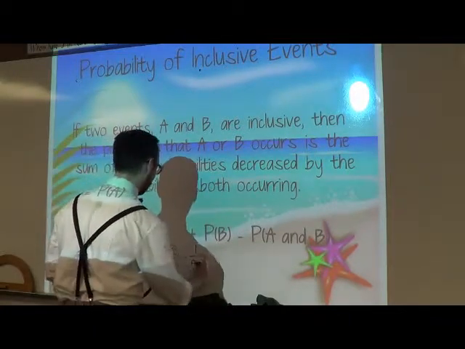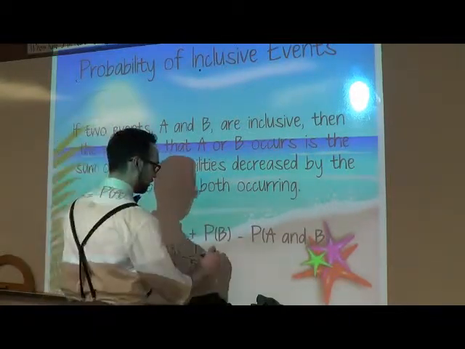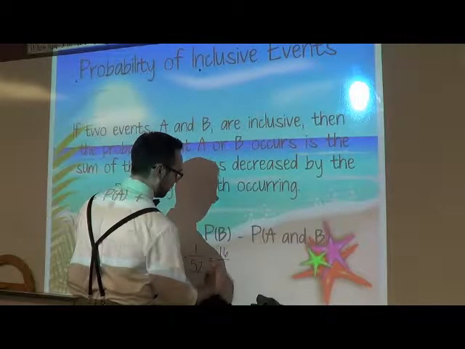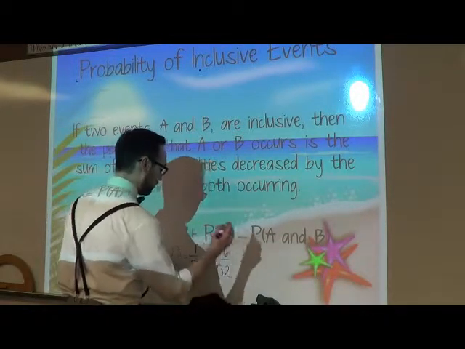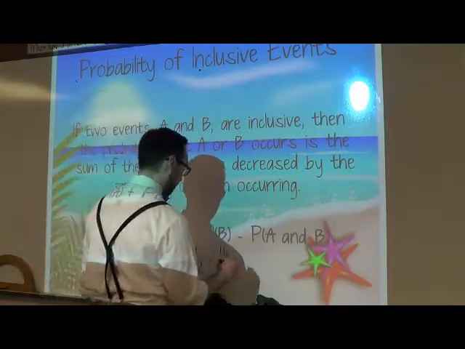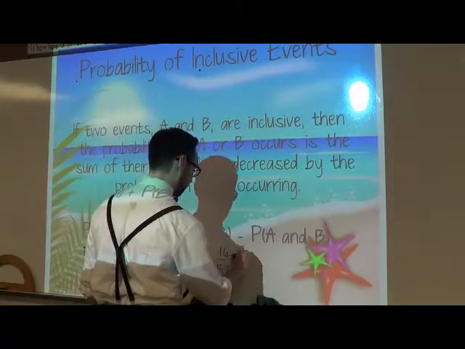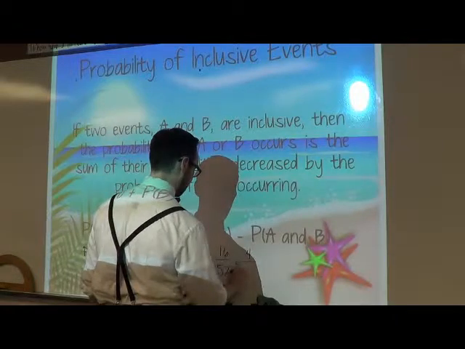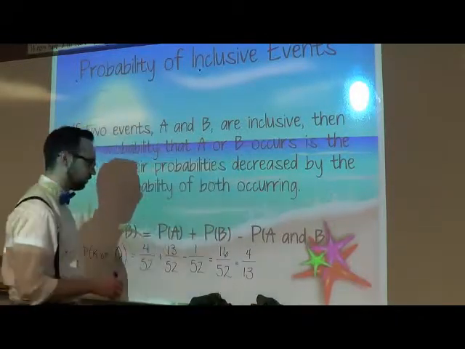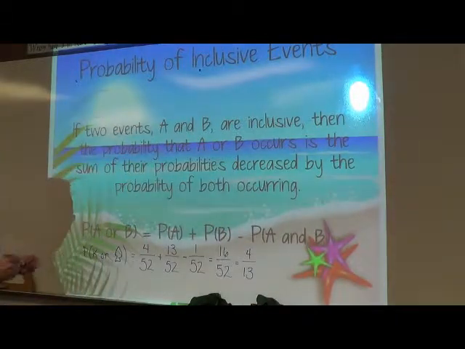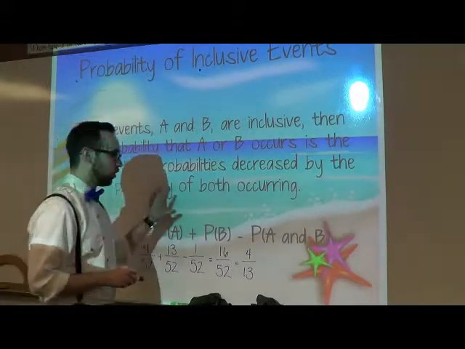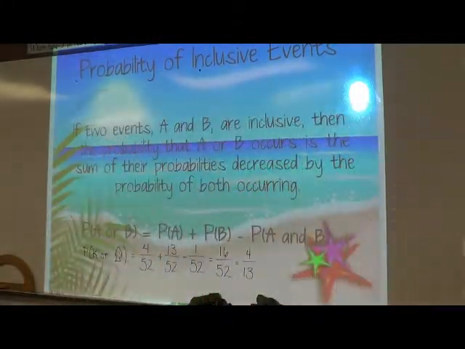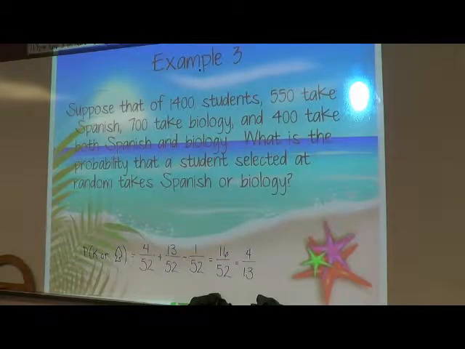So it ends up being 4 plus 13 is 17, minus 1 is going to be 16 out of 52. And you could reduce that down actually by 4. So we end up with 4 out of 13. So you have a 4 in 13 chance of getting a king or a spade out of the deck.